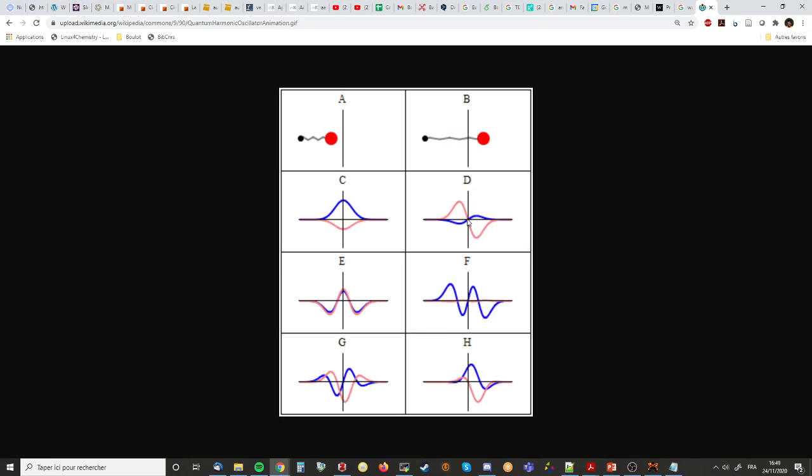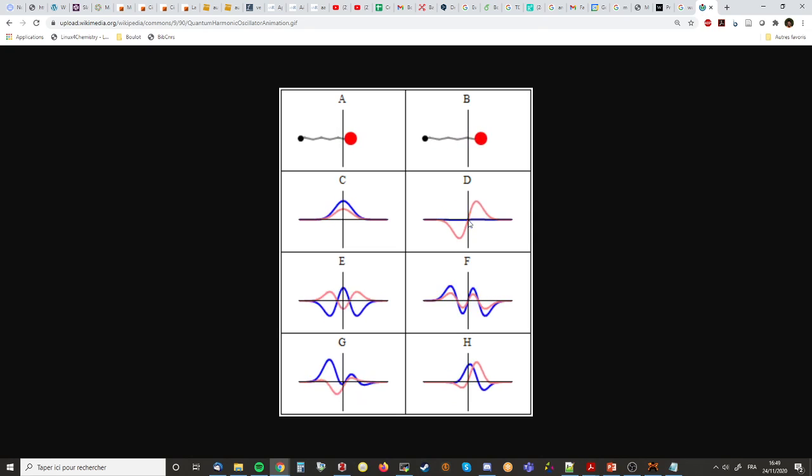That means your wave function is oscillating between one up and one down. There will always be one up and one down, never two up and two down. So in the middle, the value of your height is always 0. That means your wave function is 0, so your density is 0. There is no electron here.